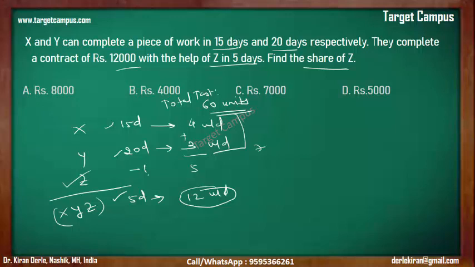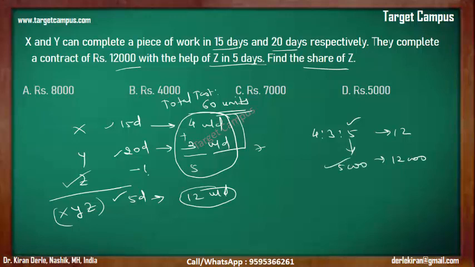The work has been done by all of them working together. So this is the ratio of remuneration, 4 is to 3 is to 5. If there are 12 units, the share of Z is 5. If their actual remuneration is 12,000, the share of Z will be 5,000.